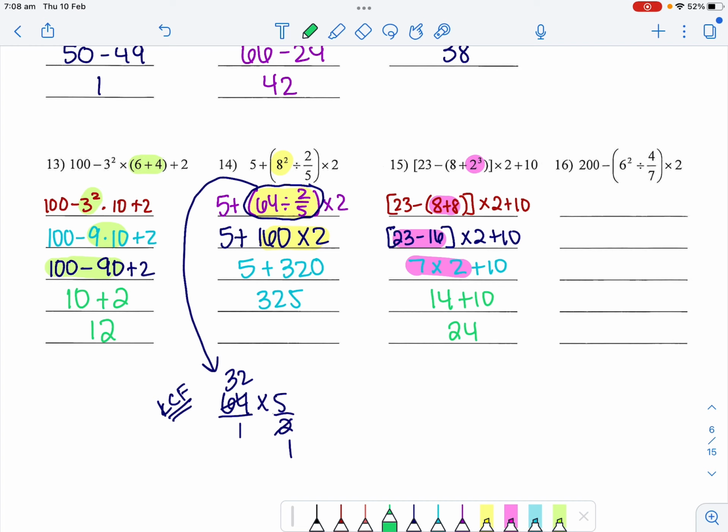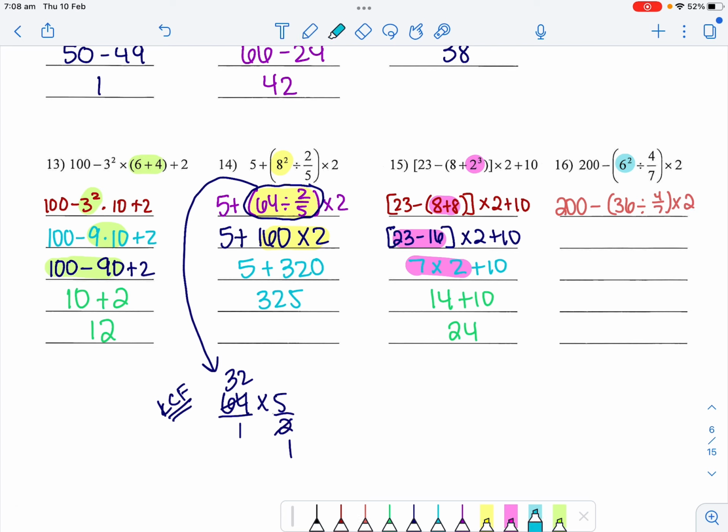Number 16 is very similar to number 14. It has that exponent on the inside of the parentheses and then that fraction division. So I'm going to start with my exponent. So 200 minus 36 divided by 4 over 7 times 2.